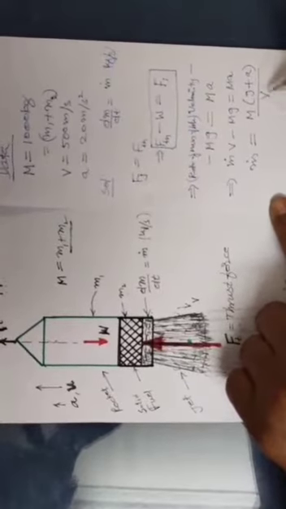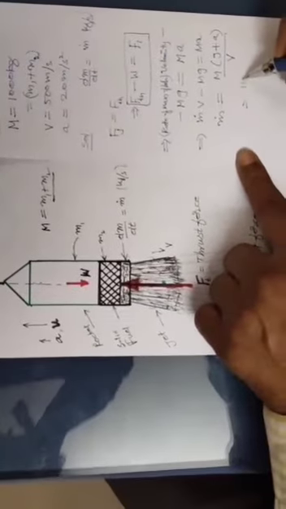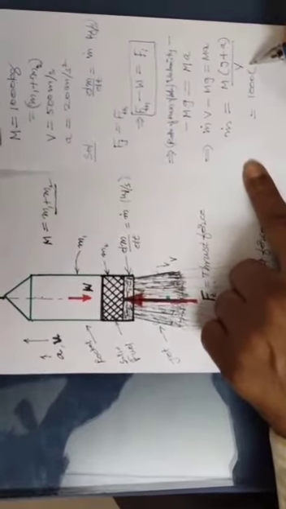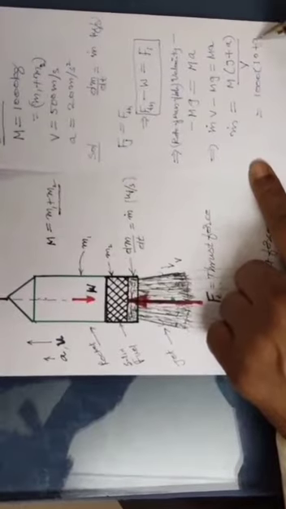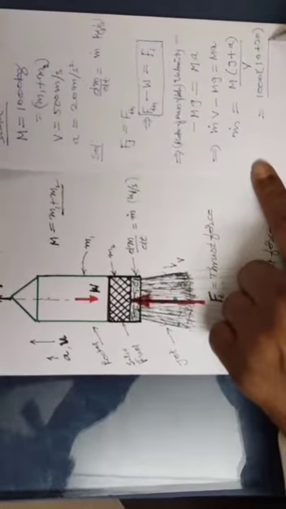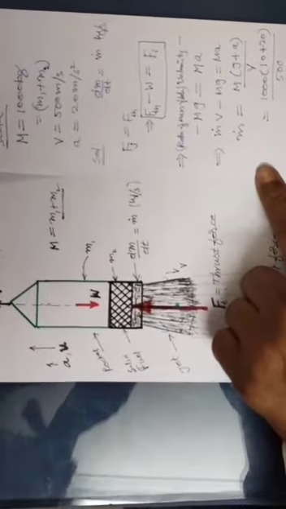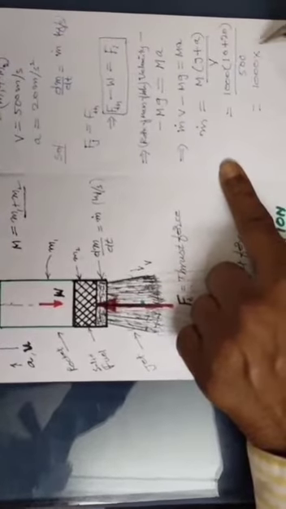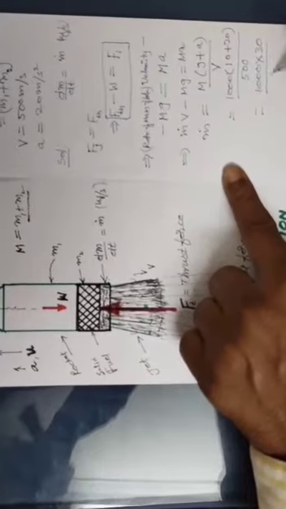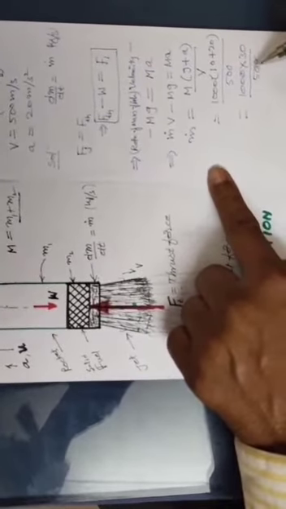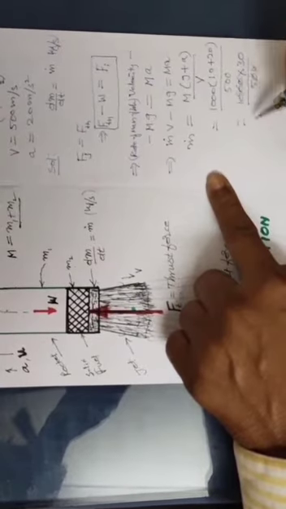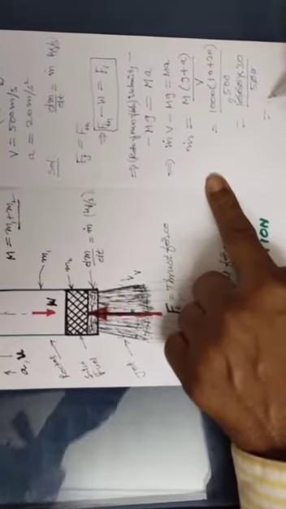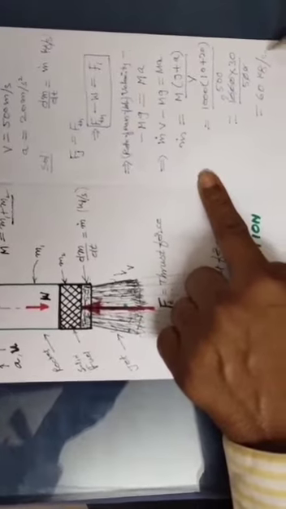Taking this to the other side, m dot is equivalent to m into g plus a, divided by v. Substituting here, this is 1000 into, taking g as 10, plus 20, divided by 500, which is equivalent to 1000 into 30 divided by 500, that is 60 kg per second.